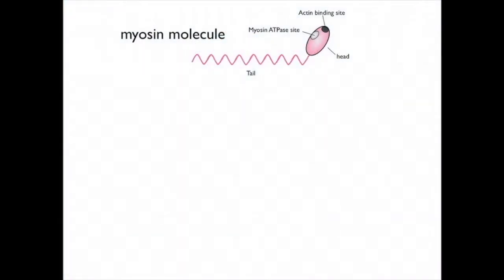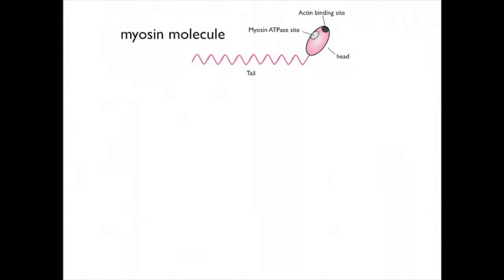The myosin molecule is much more complex than the actin molecule. It is composed of two regions, a tail region and a head. The head in turn has two important sites. It has an actin binding site and it has an ATPase site. Thus the head can both bind ATP at the ATP site and split ATP into ADP and inorganic phosphate.